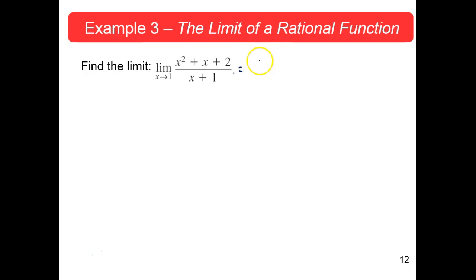And what would that give you? 2. Okay, 1 plus 1 plus 2 over 2 equals 4 over 2, 2. Perfect. Y'all are good. Why does that work? Because 2 is not equal to 0. That denominator is not equal to 0. So it works perfectly well.